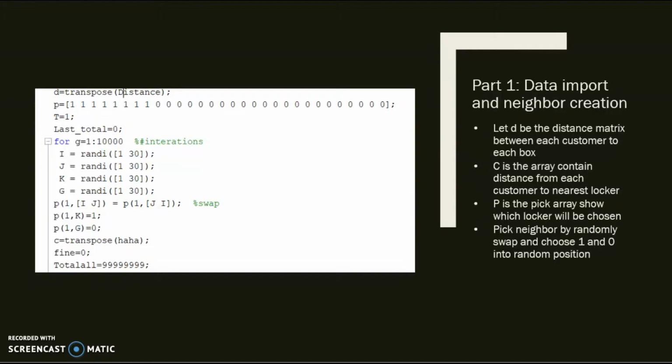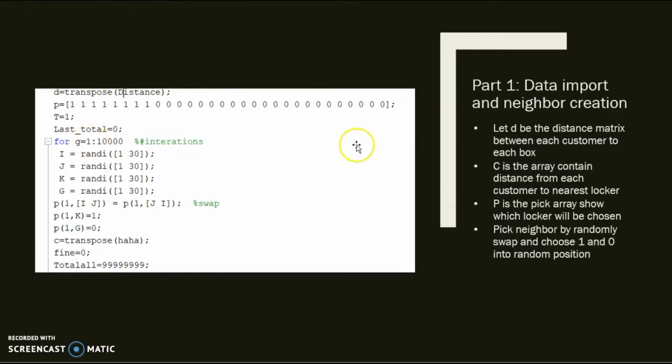Here I import the matrix data, which is the distance between each locker and each customer, and this matrix is just the distance from each customer to its nearest locker, and I set it to 31. It's 300 by 1, and the distance matrix is 300 by 30.